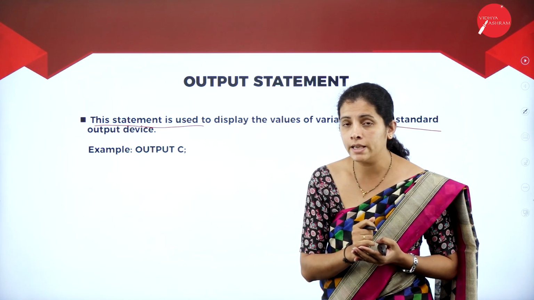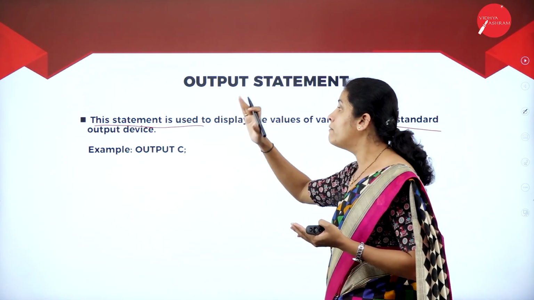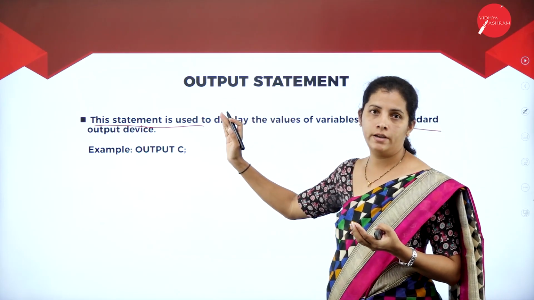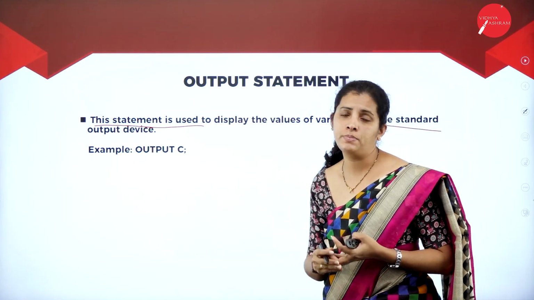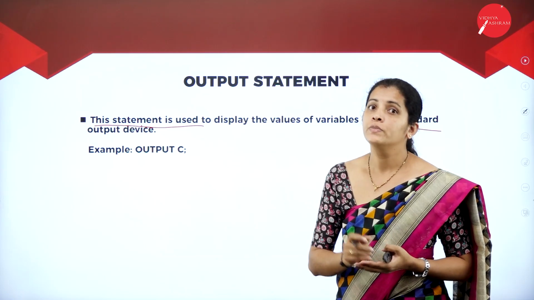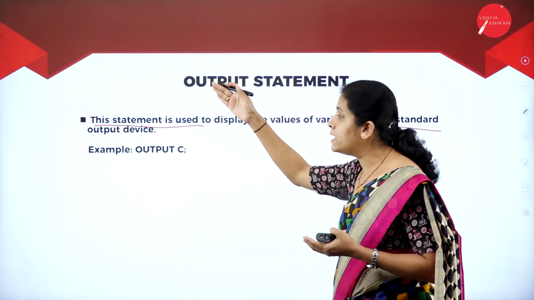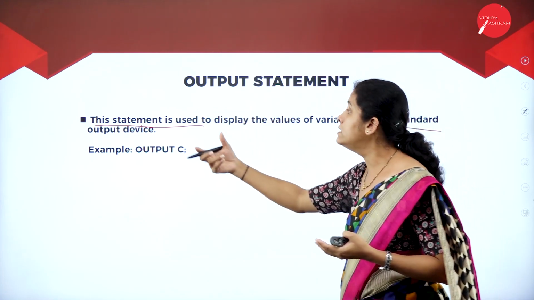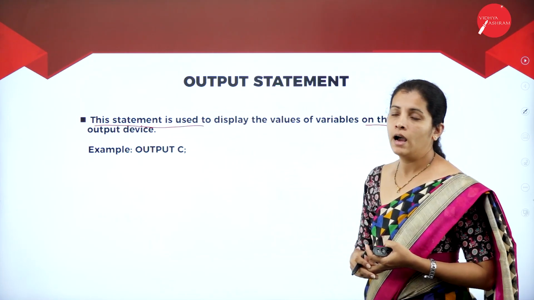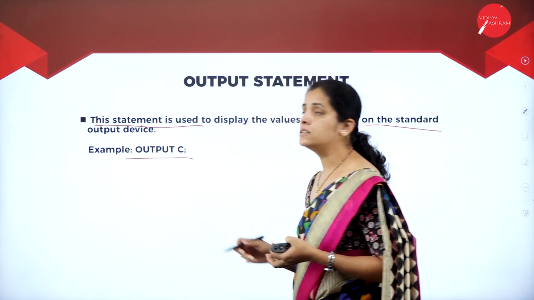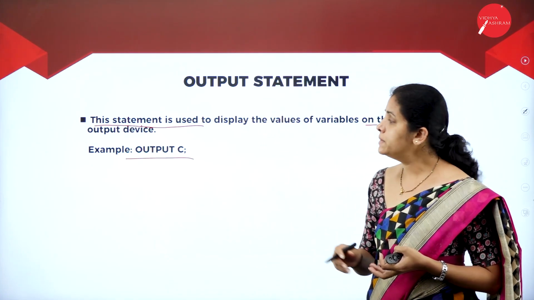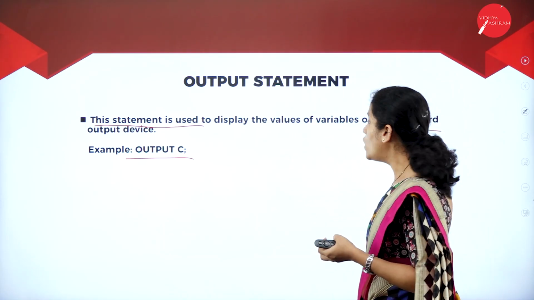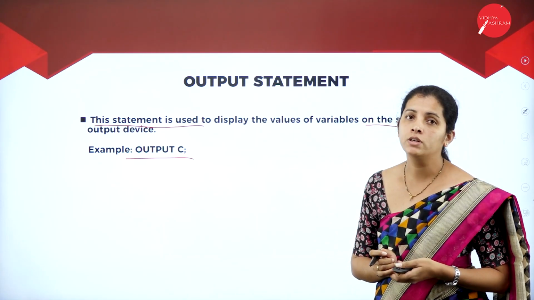To display the value, I'm going to use the standard output device, that means on my monitor. And the example here is output C. That means now I'm going to display my output on the standard output device.